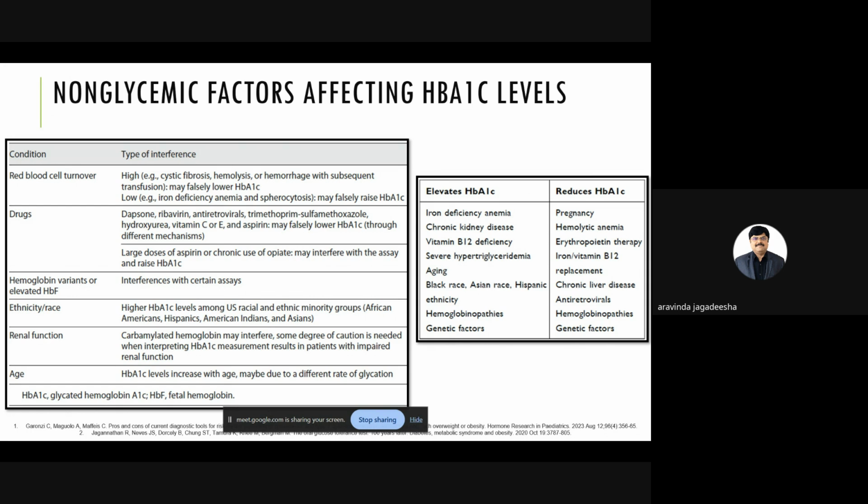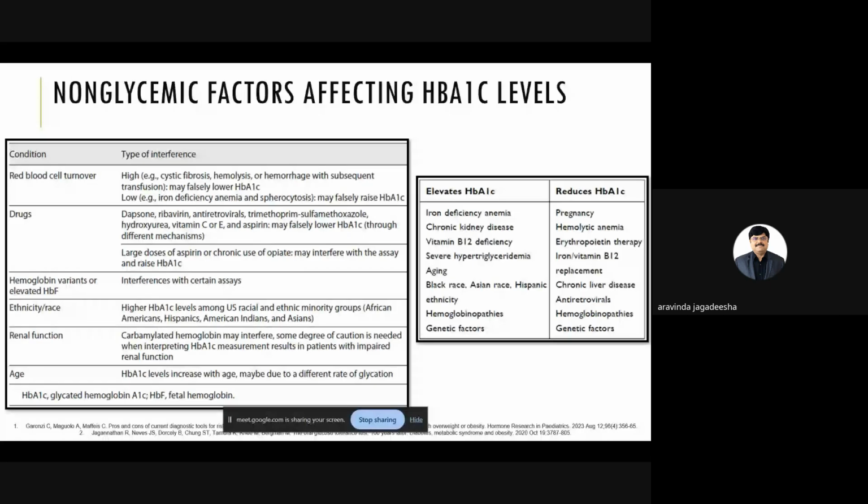Next point is renal function. Carbamylated hemoglobin may interfere, and some degree of caution is needed when interpreting HbA1c results in patients with impaired renal function. Age: HbA1c levels increase with age, maybe due to different rates of glycation. So these are the major things we should consider.